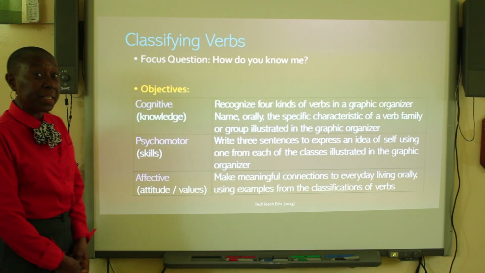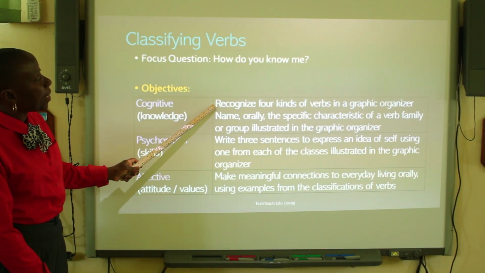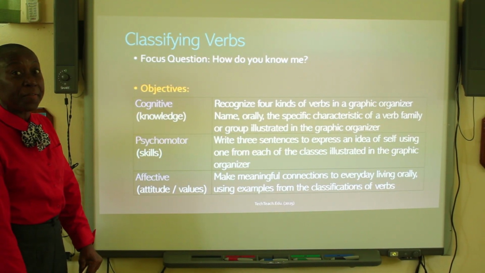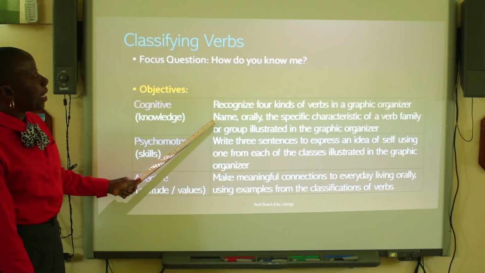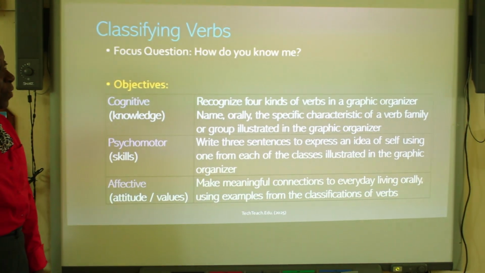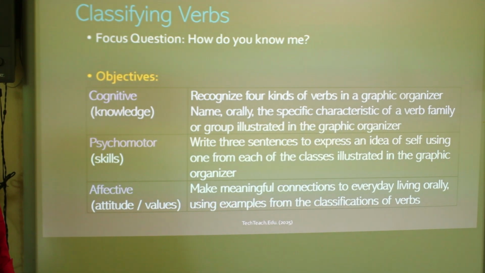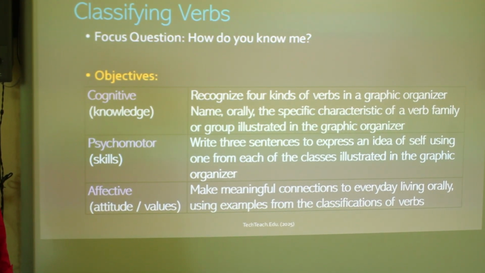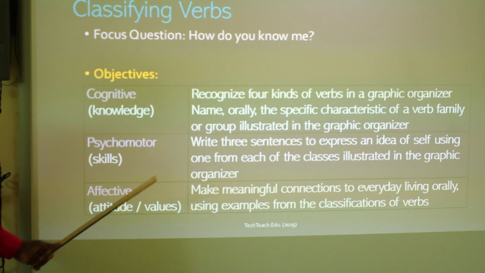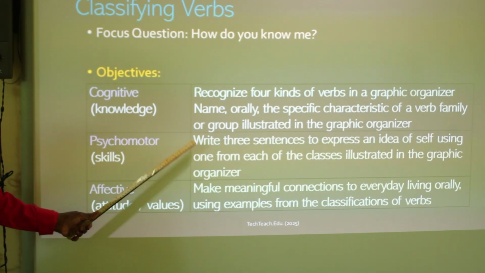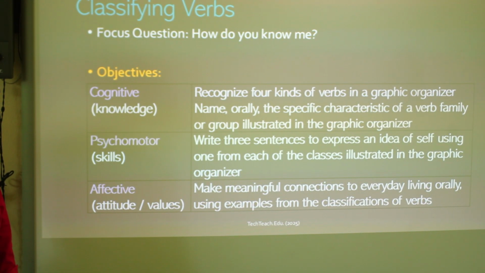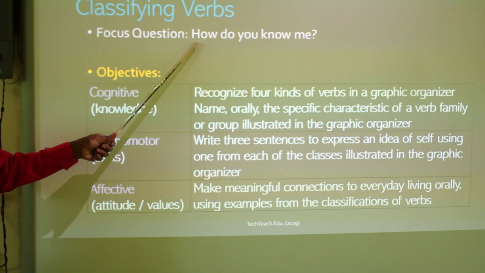Our objectives for this lesson are to recognize 4 kinds of verbs in a graphic organizer, to name orally the specific characteristic of a verb family or group illustrated in the graphic organizer, to write 3 sentences to express an idea of self using one from each of the classes illustrated in the graphic organizer, because our focus question is, how do you know me?